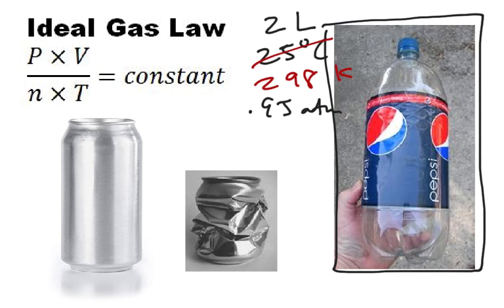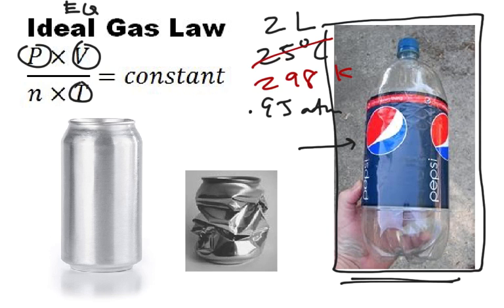So we know the volume, we know the pressure, we know the temperature. So how many moles of gas would fit inside this 2-liter bottle? So this is not a before and after situation, it's just one situation. And so sometimes this gas law is also called the equation of state, because it just has to do with one state of the substance at this time. That's really hard to read.